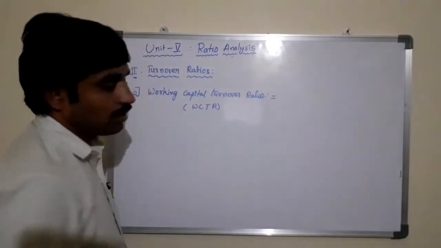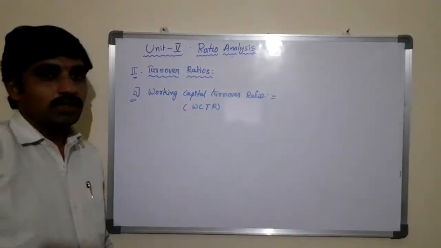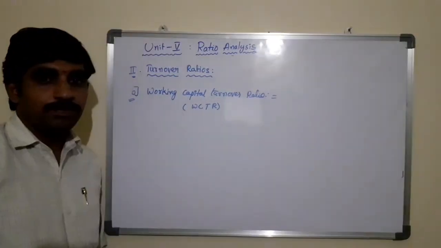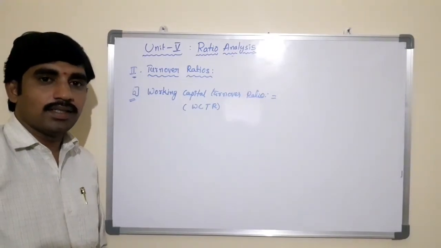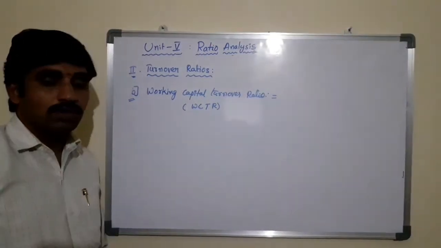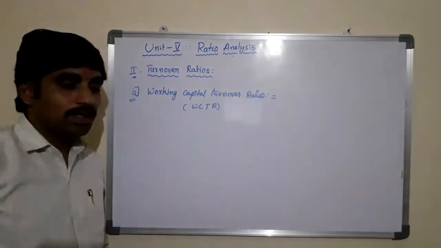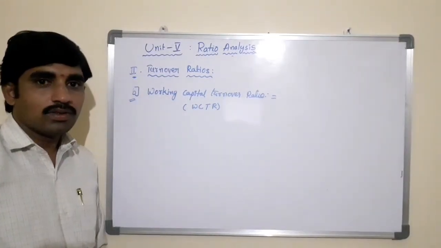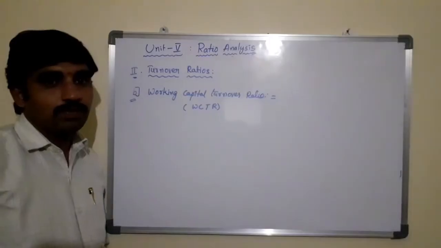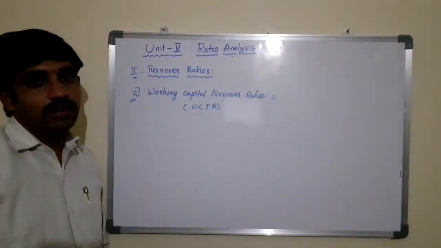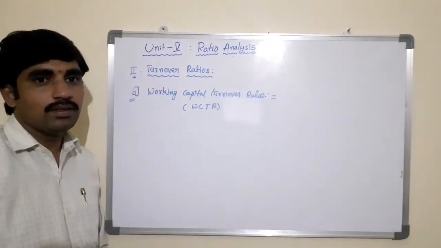This ratio measures the relationship between working capital and sales. It reveals the relationship between working capital and sales. The ratio shows the number of times the working capital results in sales. The ratio itself explains the relationship between working capital and the sales.